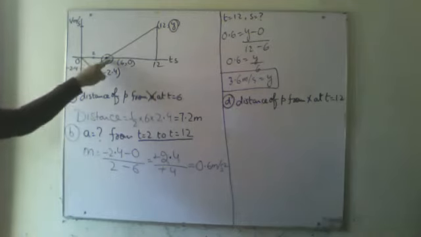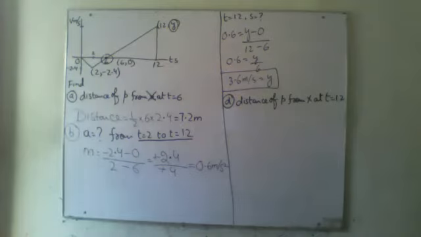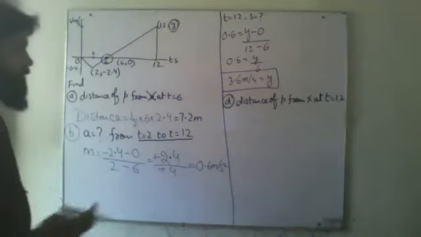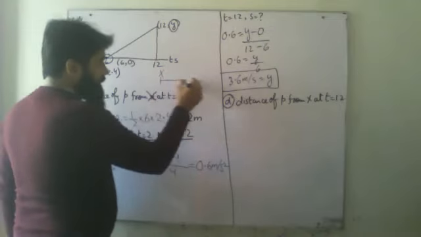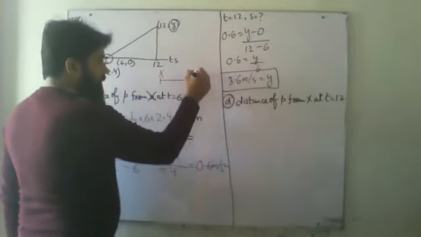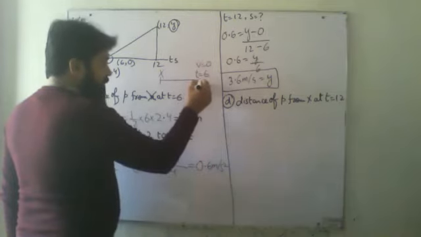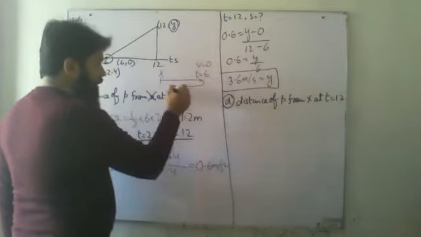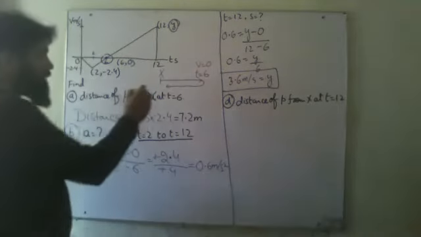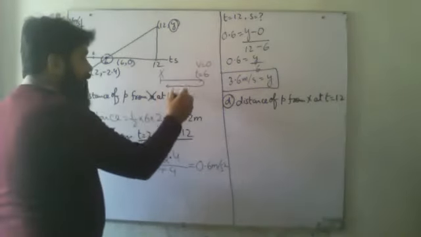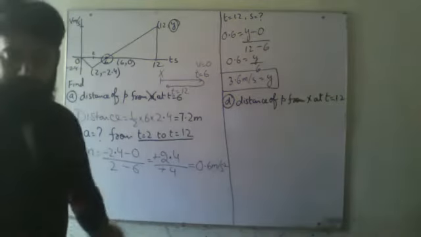Then v equals 0 means turning point, and now the body is moving backward. If I draw it, this is the starting point. The body has gone in this direction till t equals 6. Its velocity was 0. Now the body has taken a U-turn and moved backward till t equals 12. Now I don't know where it is stopping right now.